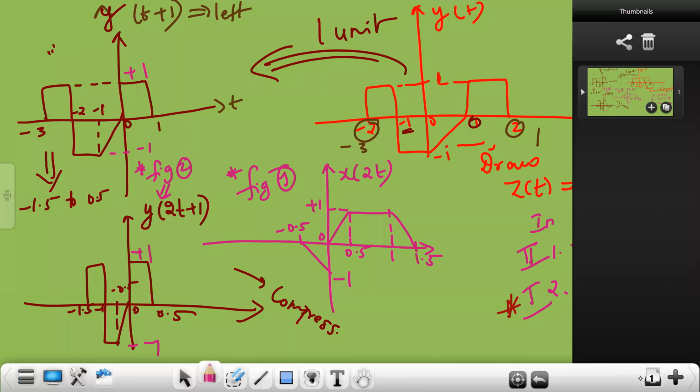So first we will focus from minus 1.5 to minus 0.5.